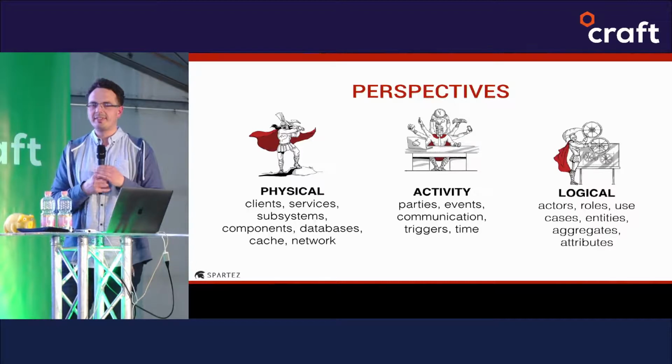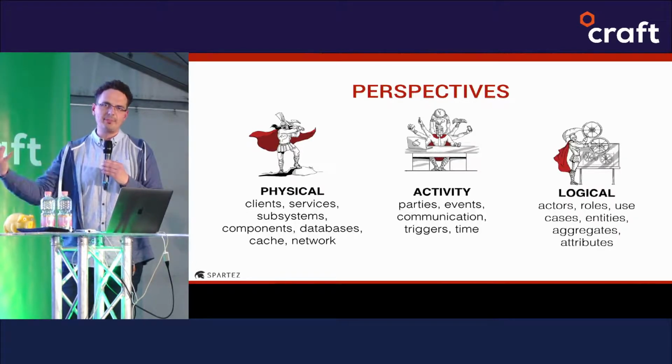The other perspective is logical. So basically we are looking at the feature from a domain perspective, like what kind of actors we have that are going to use the feature.